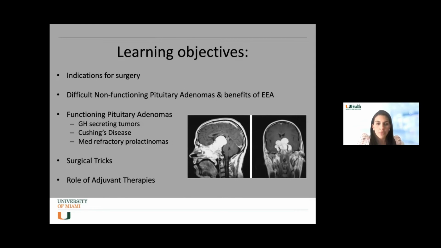We'll talk about growth hormone secreting tumors, a little bit about Cushing's disease, and then I'll mention briefly towards the end the medication-refractory prolactinomas, which are the ones that at some point you may need to do surgery for. Along the way, we'll talk about some of these surgical tricks and the role of adjuvant therapies, be it medication or radiation.